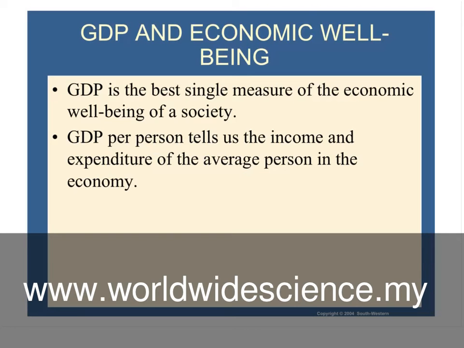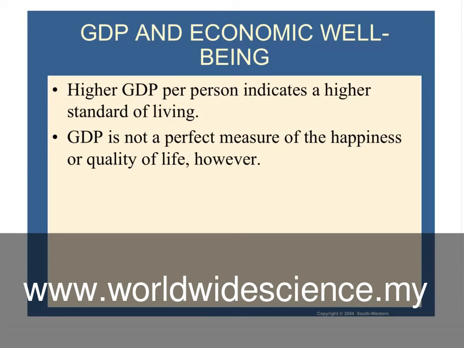Okay, so a higher GDP per person indicates a higher standard of living. That's a pretty basic understanding of these calculations. The higher the GDP per capita, or per person, the higher the standard of living. GDP, of course, is not a perfect measure of happiness or quality of life, however.